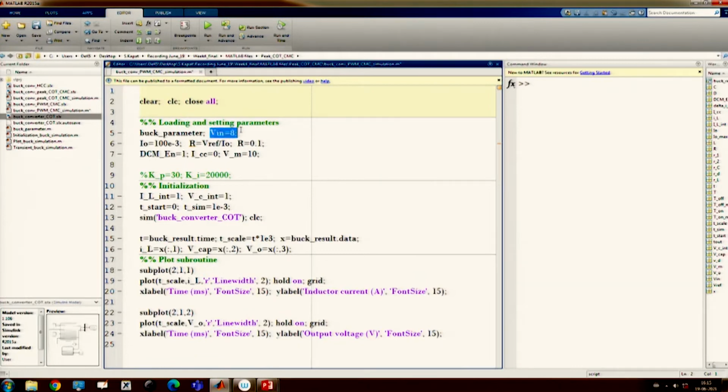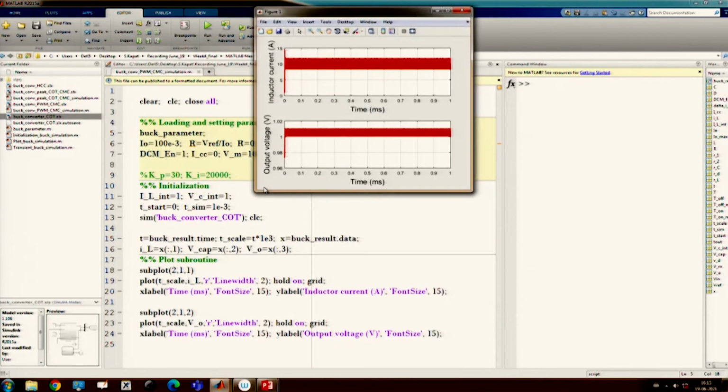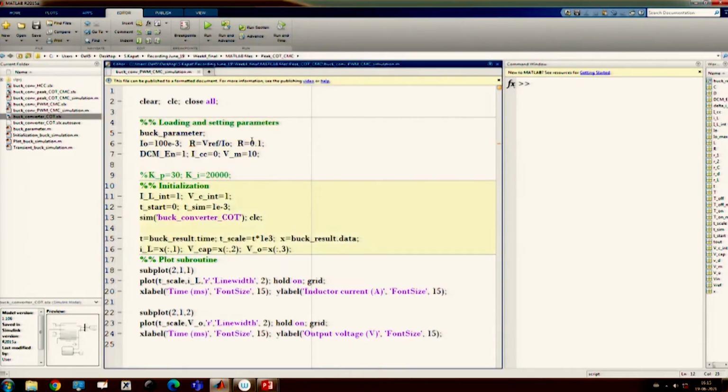Now, we are going to consider two different load resistances. In one case the load resistance is 0.1, in the red color, and in the other case we want to change it to 10, in blue color.